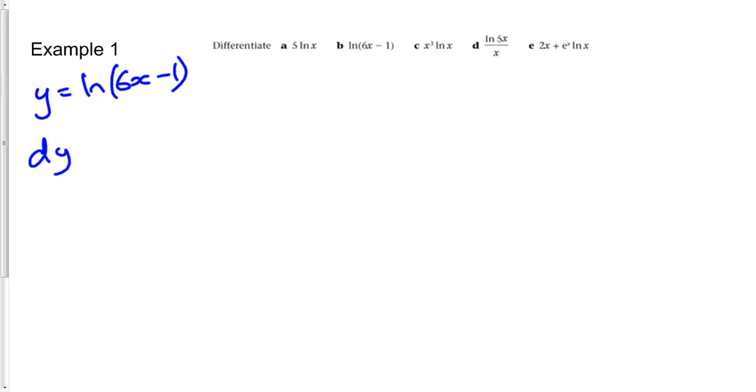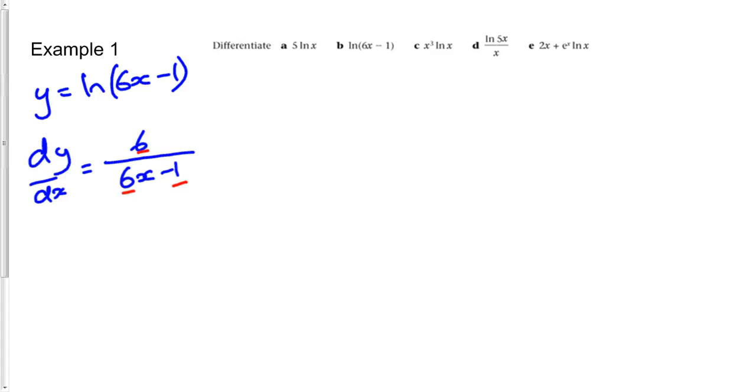So dy by dx, that goes on the bottom, so 6x minus 1 goes on the bottom. Differentiate it, and that just goes to 6 on the top. But of course we can't simplify this down because 6 doesn't go into everything here. You can't cancel down the 6 from here and here. You could if we had a 6 as a third bit, but we don't. So it just stays as 6 over 6x minus 1.